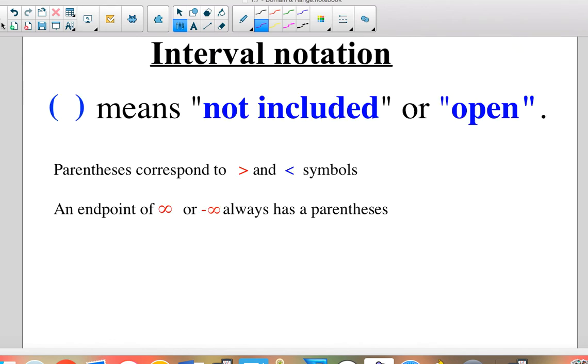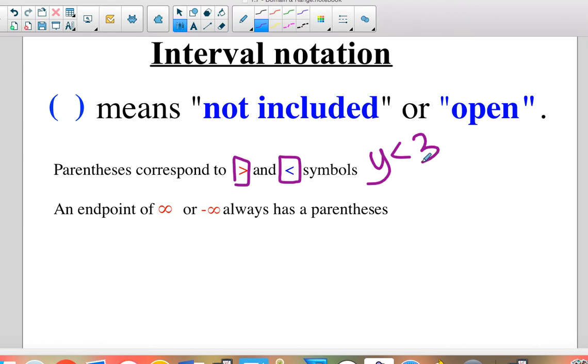We also use these other symbols, which are just parentheses, to kind of separate numbers out. If you're going to use parentheses, it means it cannot be those numbers. It's the same thing as a less than or a greater than sign, because those numbers do not include those. So if you said y is less than 3, you can't include 3.